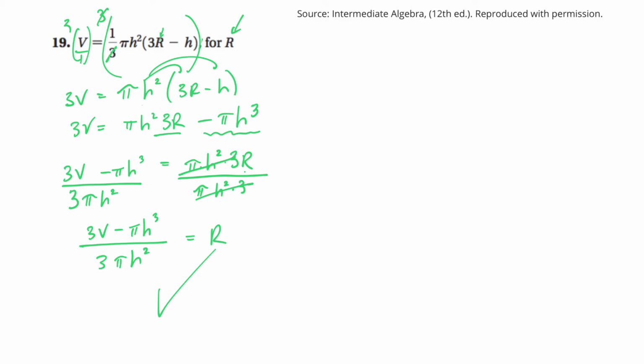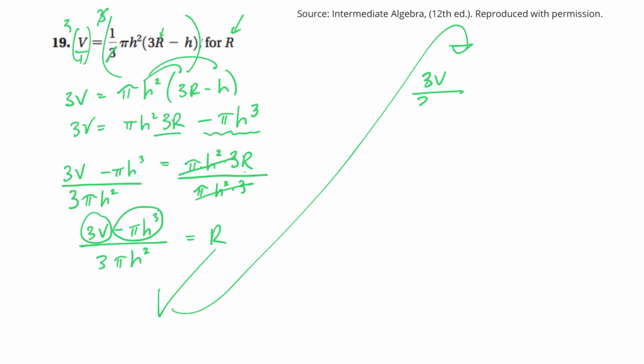And at that point there, I'm saying, great job. You could simplify it a little bit. Since I have two terms on the top, and I'm dividing them by a monomial, I could rewrite this as 3v over 3 pi h squared minus pi h cubed over 3 pi h squared is equal to r.